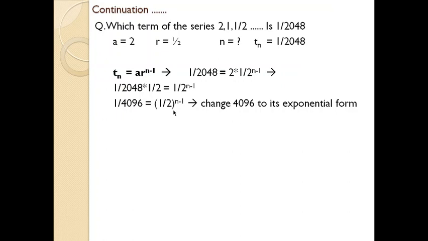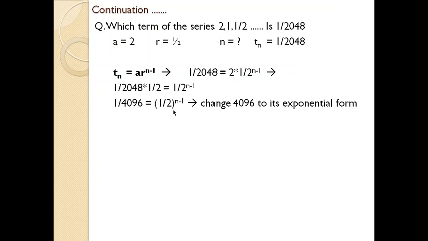Here, change the 4096 to its exponential form. Exponential form means you need to find the base and power. You will arrive at a common number such that the number raised to some power gives 4096. For example, for 32, you will get 2 raised to 5.